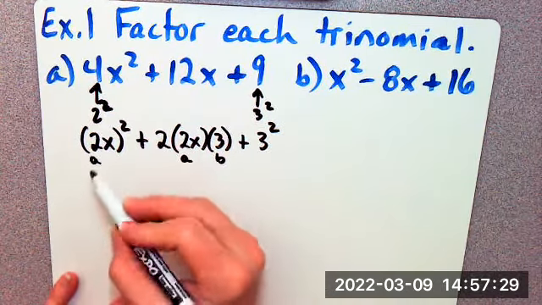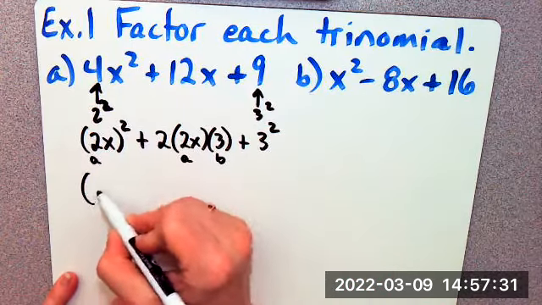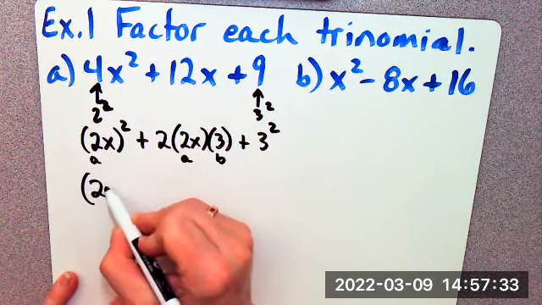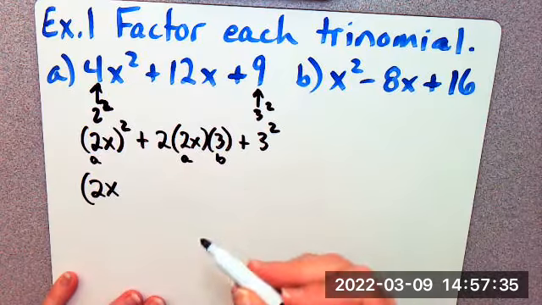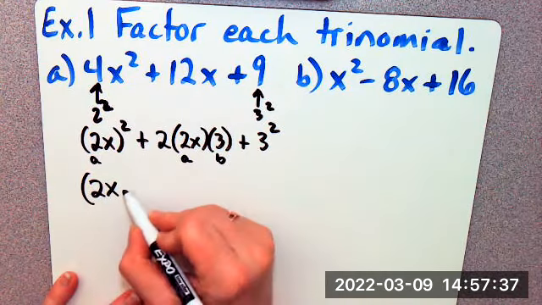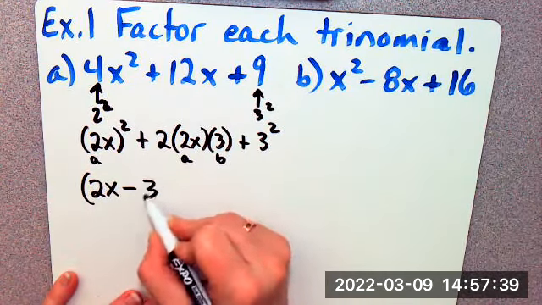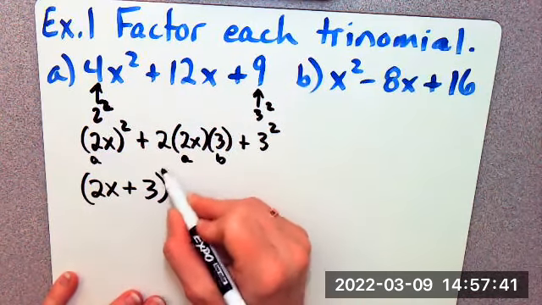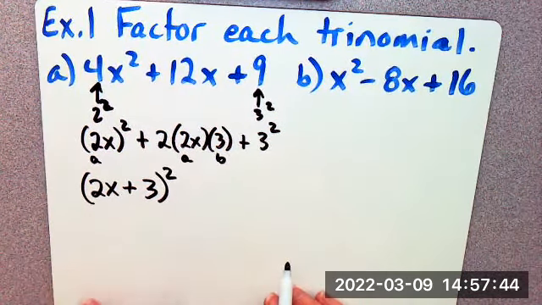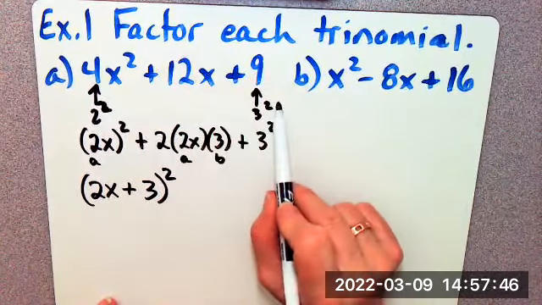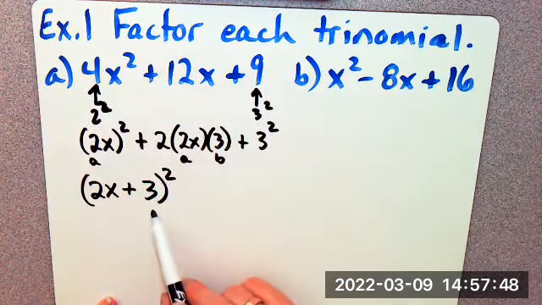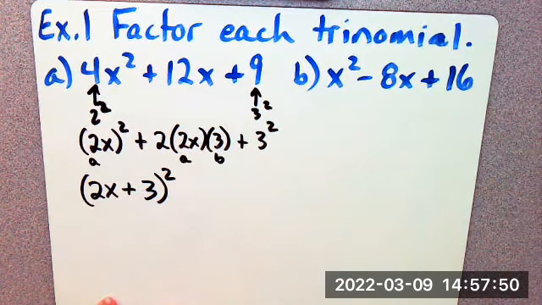Now we can put this into the perfect square binomial, which is 2x plus 3 squared. Okay, so that's how this will factor, 2x plus 3 squared. So that's using a special case.